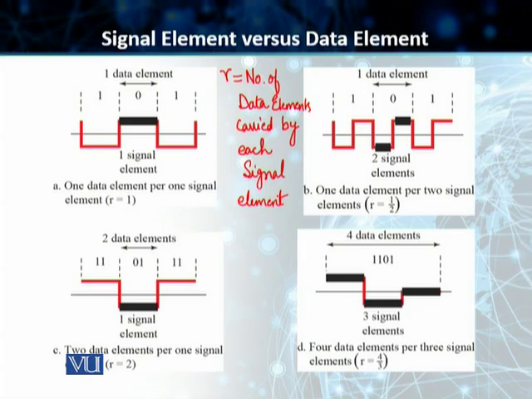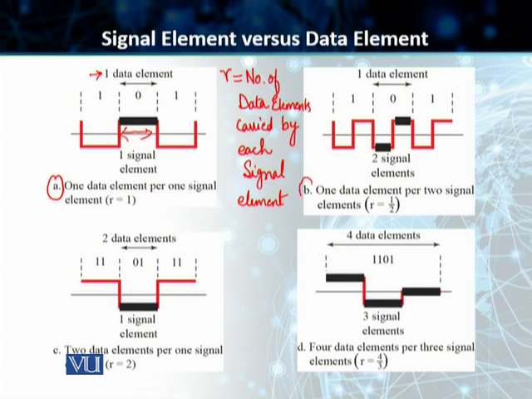So students, in the first scenario, A, you can see that we are sending one data element. We are sending one bit per one signal element. We have one data element on the top and one signal element that is carrying it. The ratio r is equal to 1.